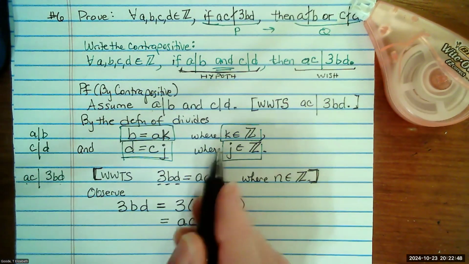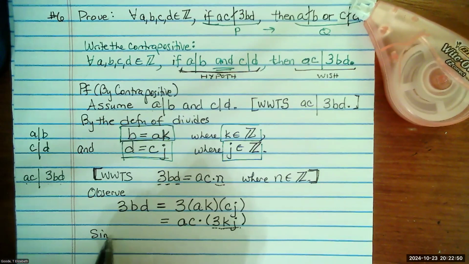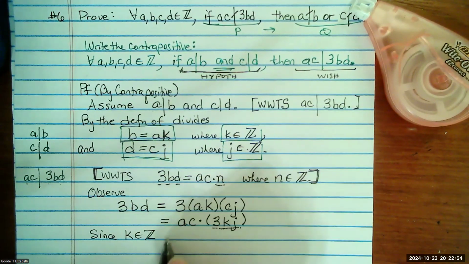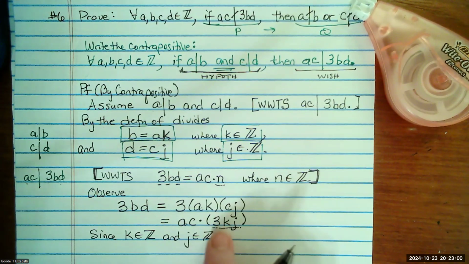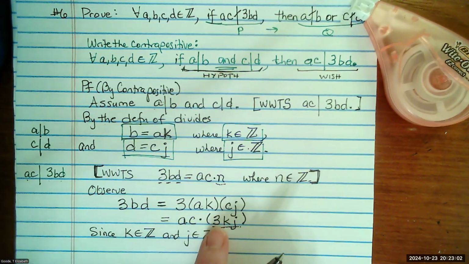All right. So since K is in Z and J is in Z, and if you want, you can say also that 3 is in Z. You don't have to say that, but you could if you want. And what operation is being used to build this factor?